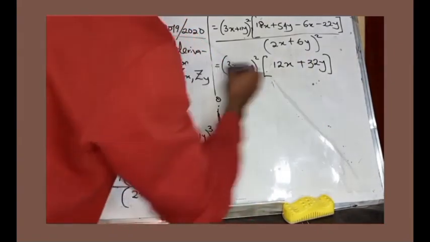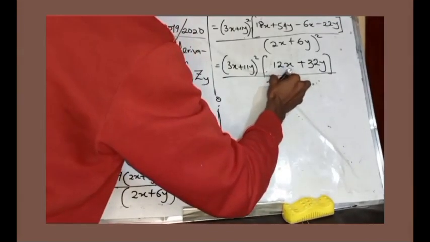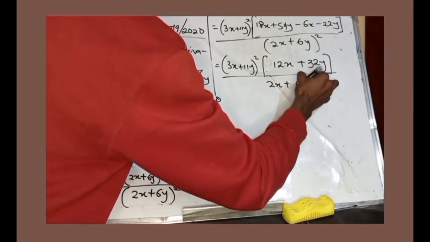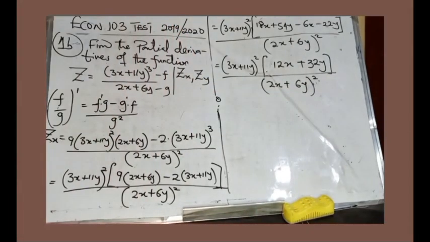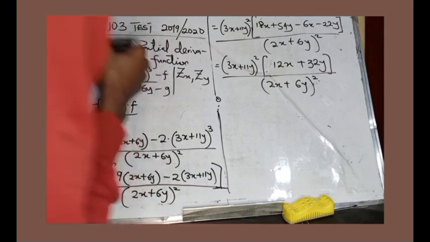Now all divided by 2x plus 6y all squared. So guys, this is what I have now. Now let's move ahead to simplify this further.